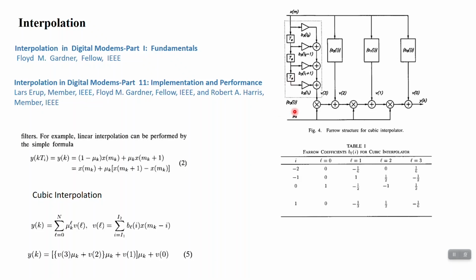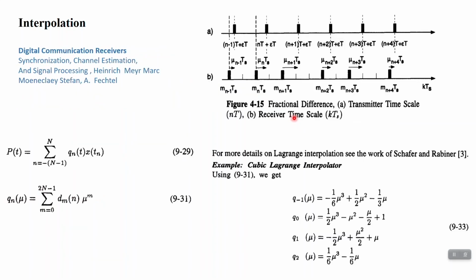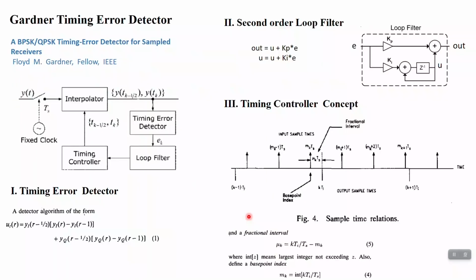For more details and to become familiar with other types of interpolation, refer to these Gardner articles. It's useful for hardware implementation. But here we just use this simple formula for interpolation because we explain the software implementation, but it can simply be applied for hardware.